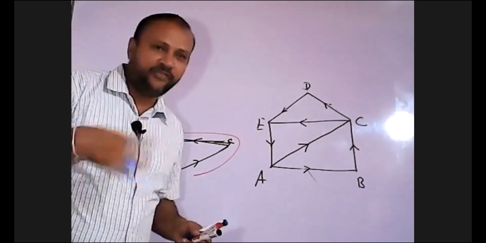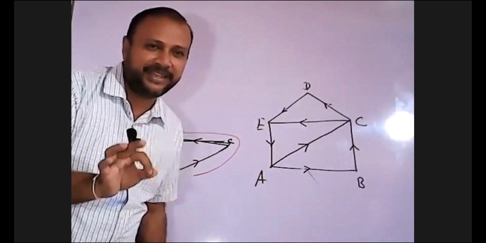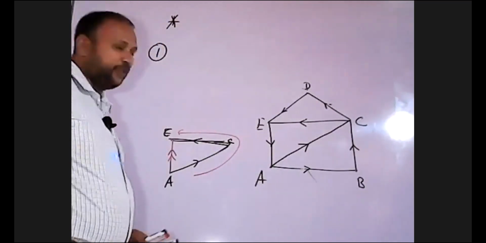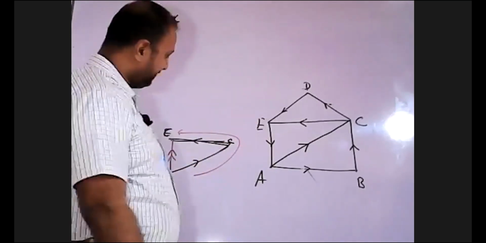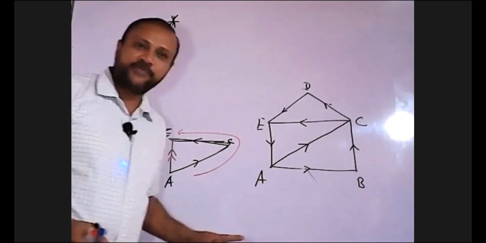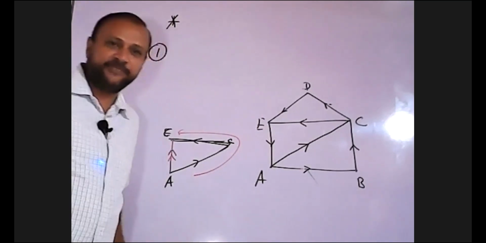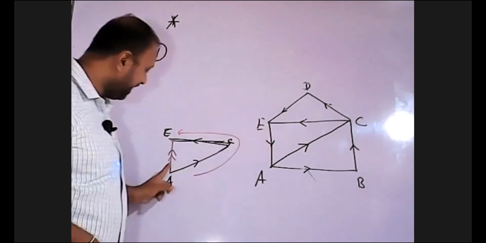If it is a polygon, it should be a closed polygon. Closed loop means that it should be a polygon. Therefore, the resultant vector of this vector system is AE.